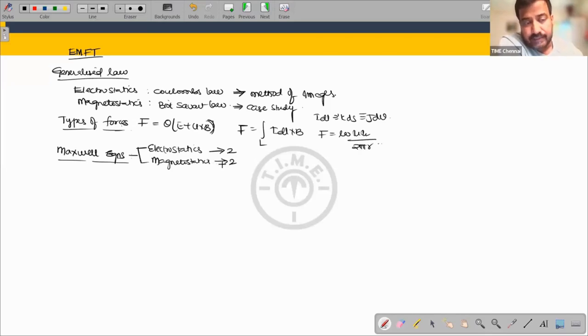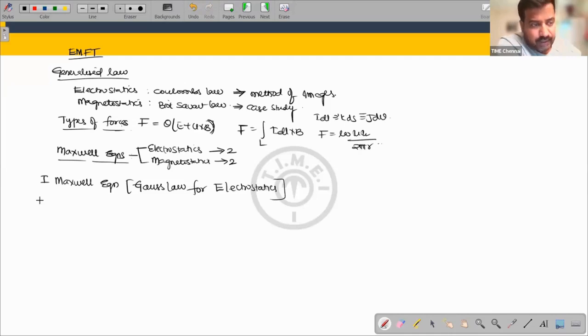In electrostatics, the first Maxwell equation is derived from Gauss law, also called Gauss law for electrostatics.